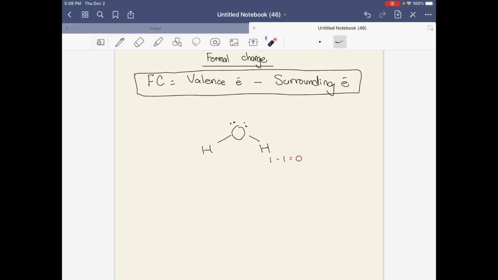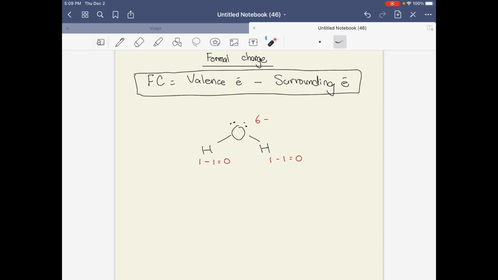Let's take a look at this H. It's pretty much the same. Valence electron for hydrogen is 1. It has one bond, so therefore it is surrounded by one electron. And it too will have a charge of nothing. Neutral. Let's take a look at the oxygen. Oxygen has a valence of 6. And how many electrons are surrounding this?